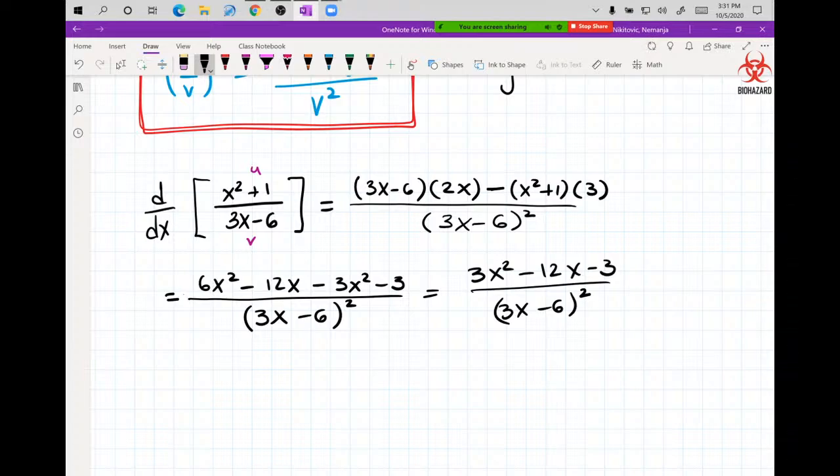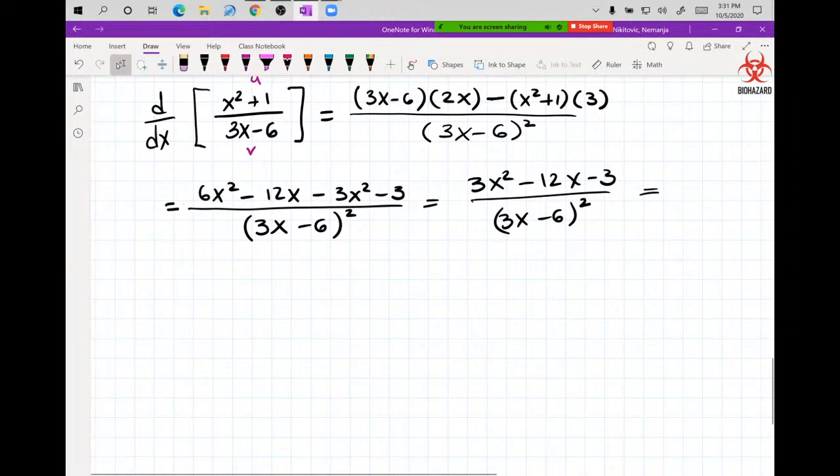Now in some cases you are done, but you can still factor out 3 and cancel. So I'm going to do that because then it's really factored to the lowest terms. You kick 3 out: x squared minus 4x minus 1.